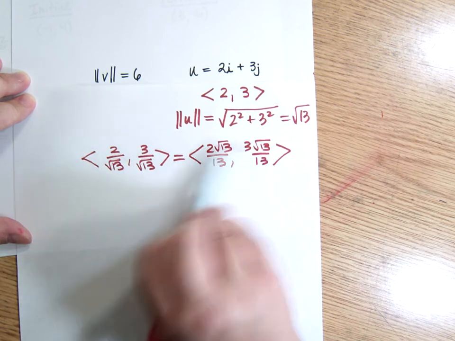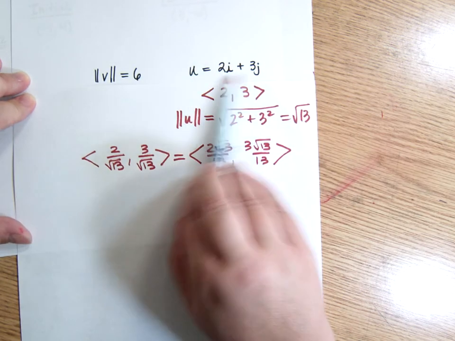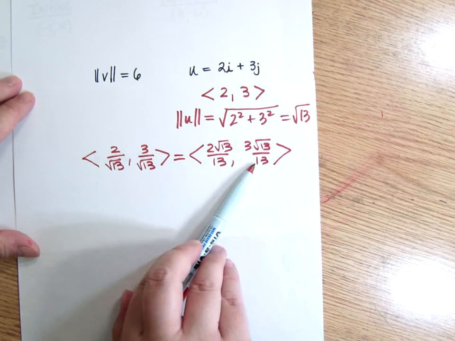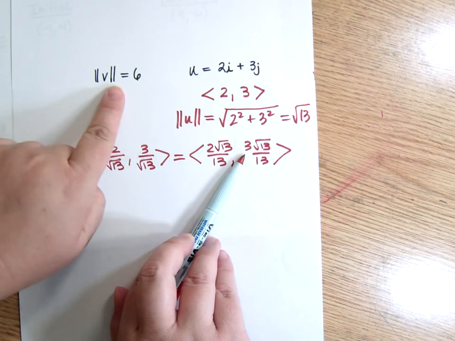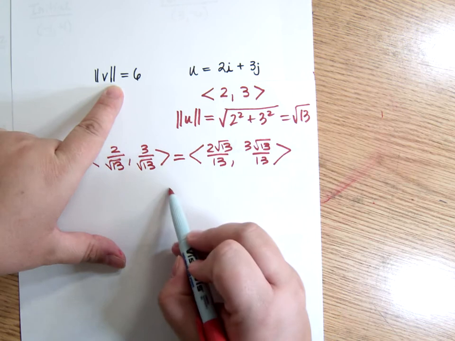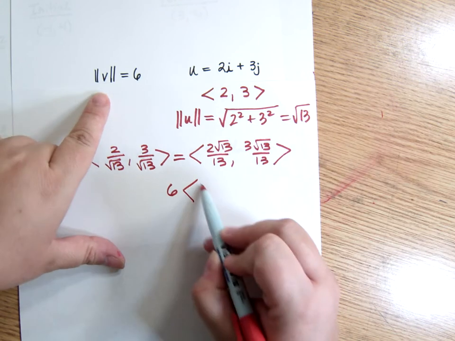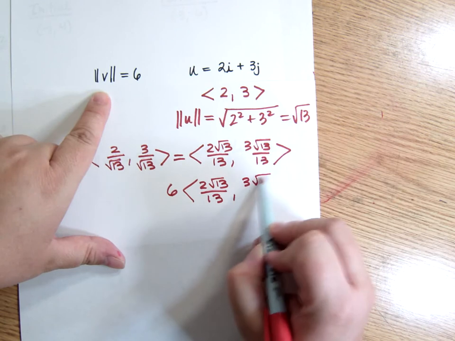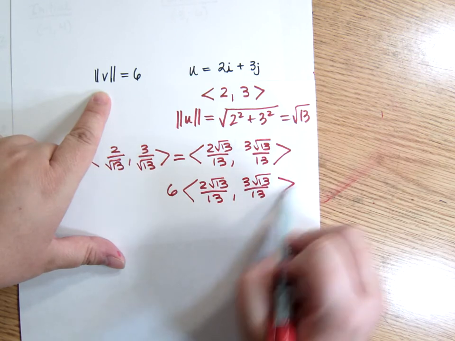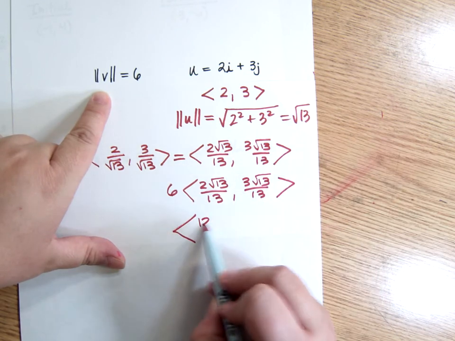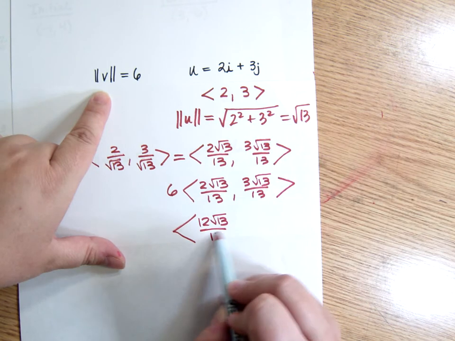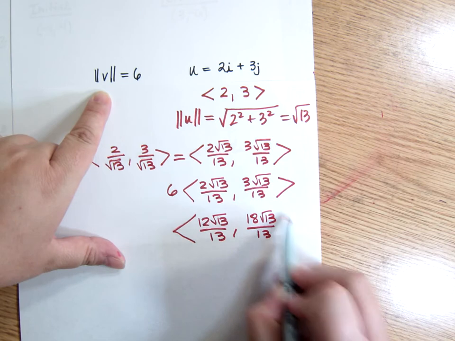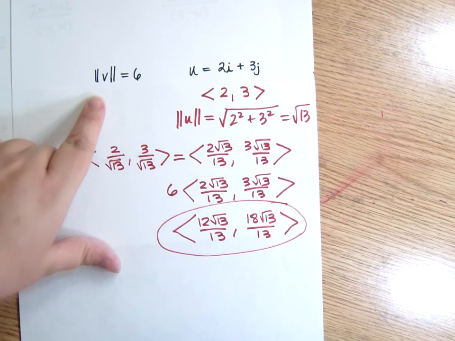However, it's a unit vector. Unit vector means magnitude 1. I want magnitude 6, so I just multiply this by 6. And that gives me 12 root 13 over 13 and 18 root 13 over 13. And this is my answer.